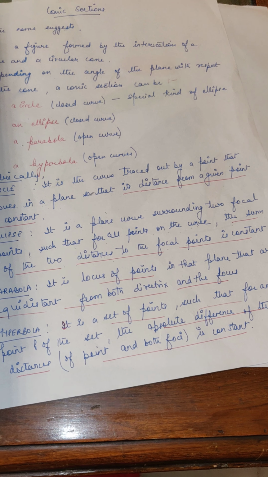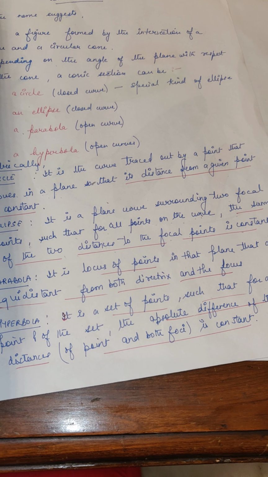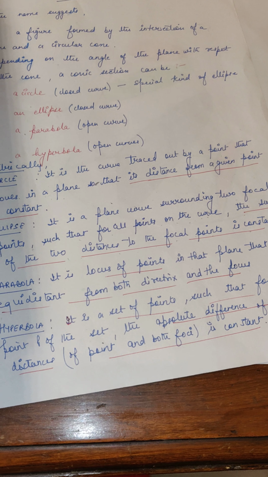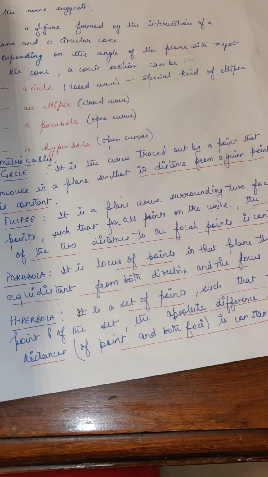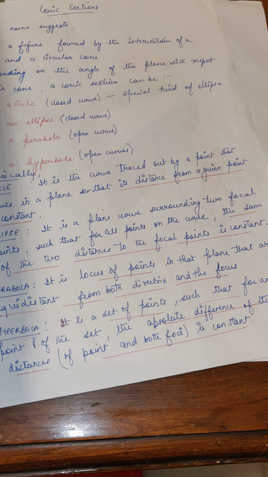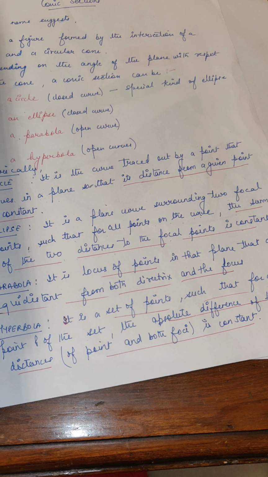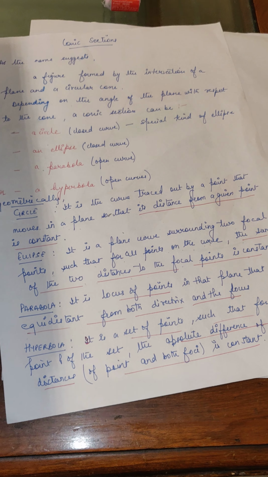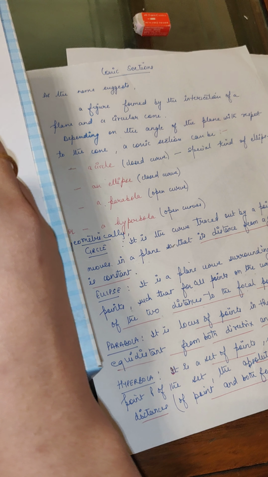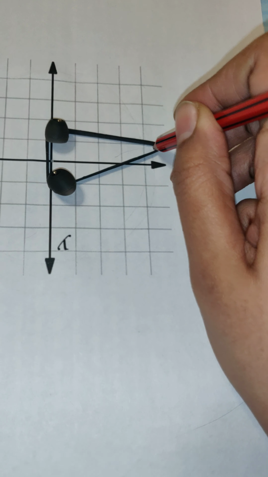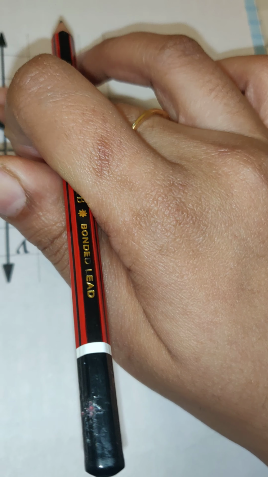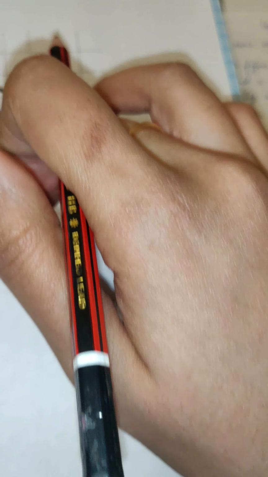Which means what? In a circle I was taking a single fixed point. Now if I take two fixed points and I move in a plane in such a way that the sum of the distances of the point from both points is the same. I have taken these 2 points, you can see the pin heads.